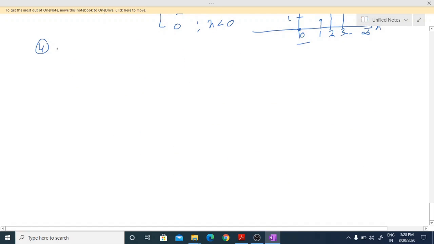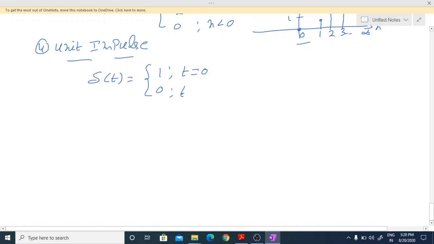The fourth one is the unit impulse signal. The unit impulse signal is indicated with del of t. Del of t is equal to 1 for t equal to 0, and 0 for t not equal to 0.